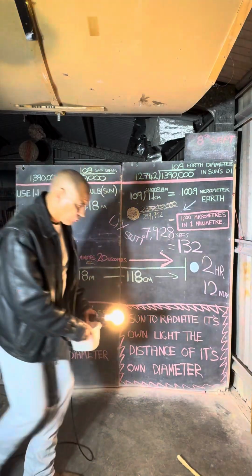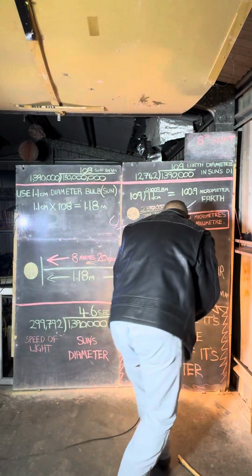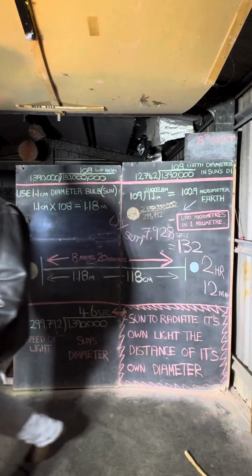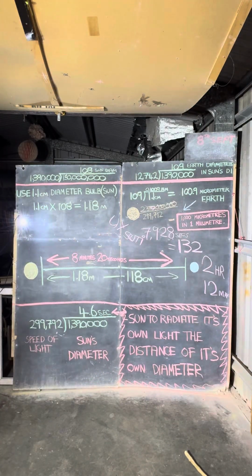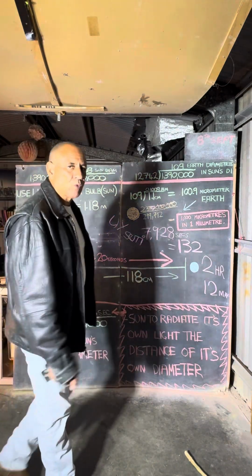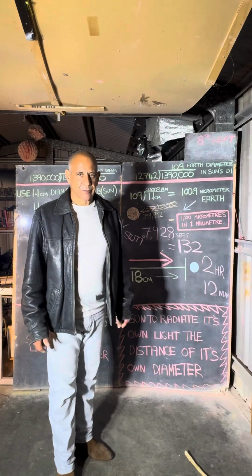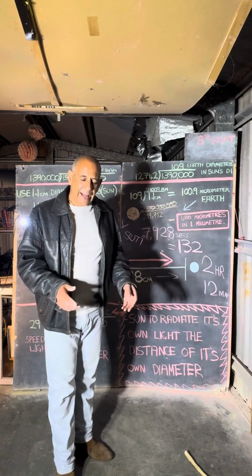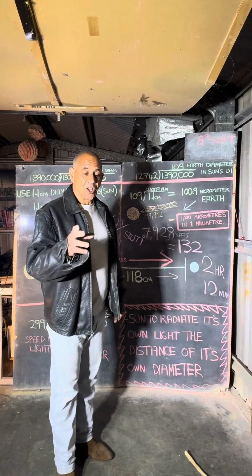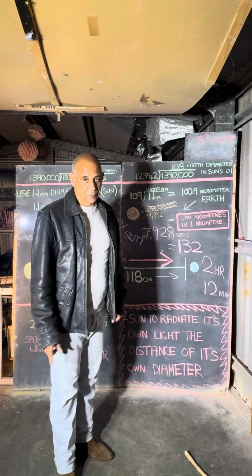A light source will radiate its light at absolute speed as far as it's going to reach. The bigger and more powerful the light source, the further that light will radiate, not faster. Bang! That is a fact. I guarantee you the speed of light is wrong.